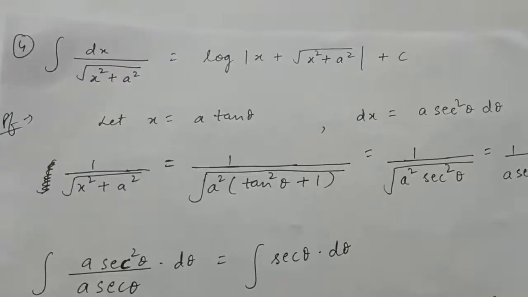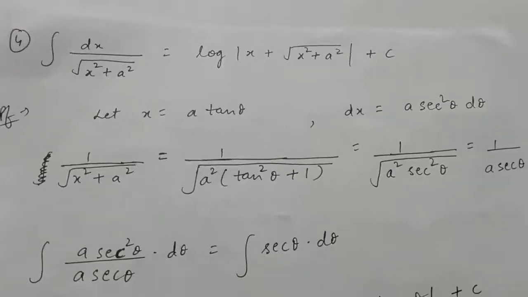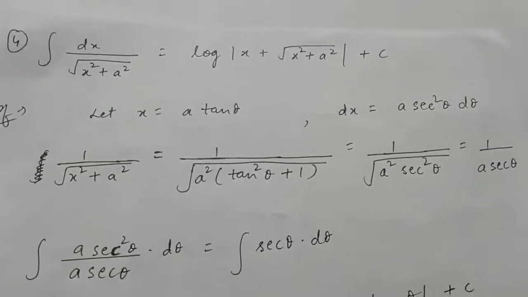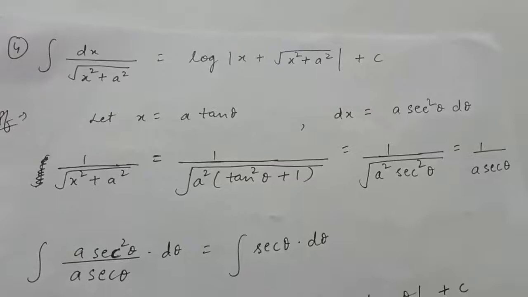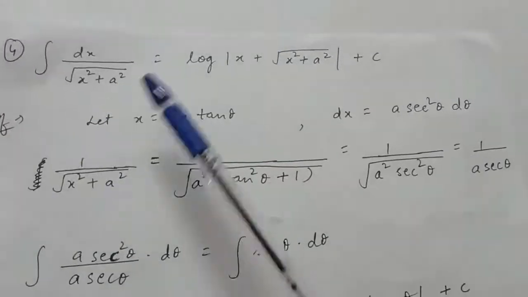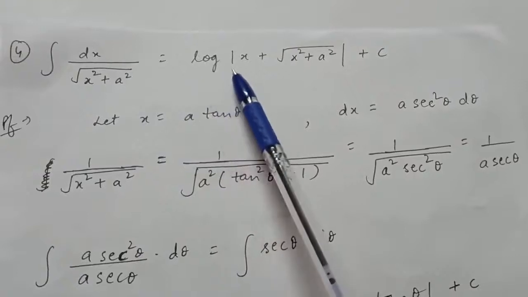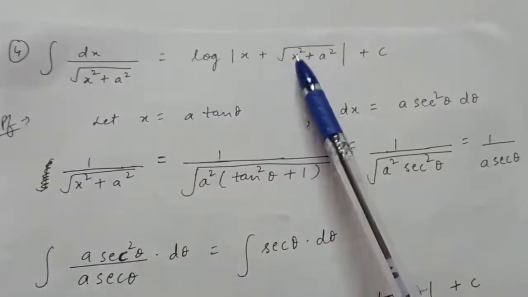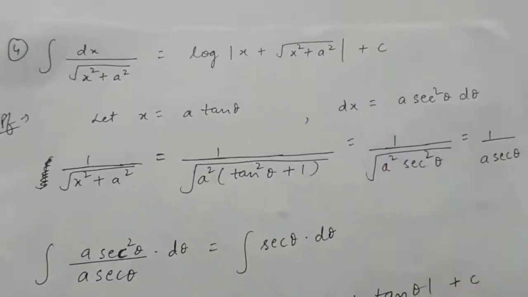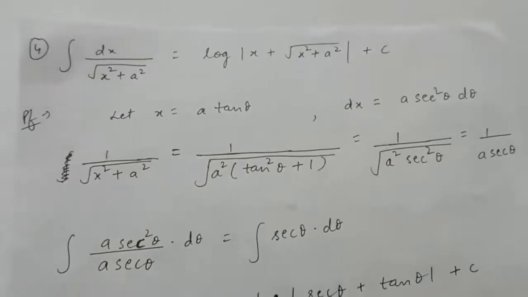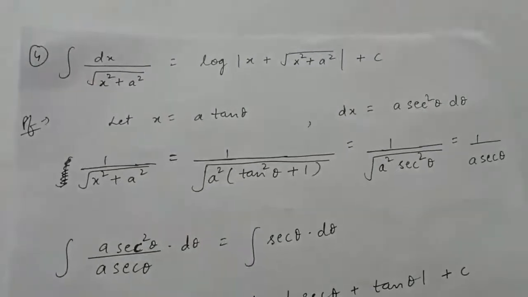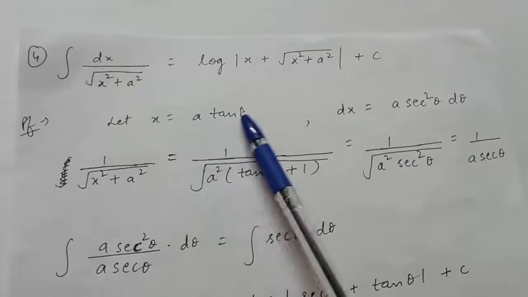Now see the formula of the integral of the type 1 upon root x square plus a square. The integral of this function is equal to log mod of x plus root x square plus a square plus c. So for the proof, let x be equal to a tan theta.